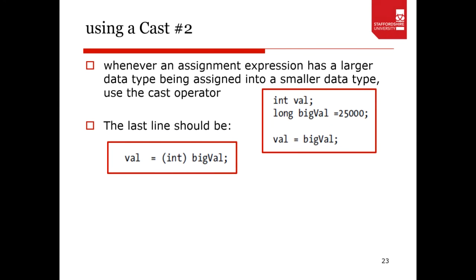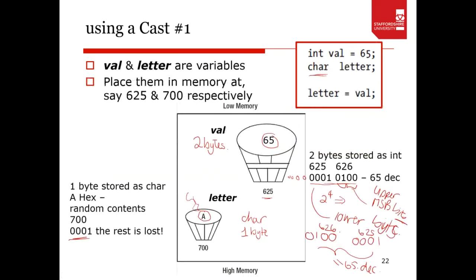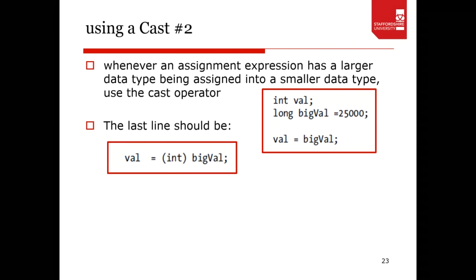So whenever an assignment expression has a larger data type being assigned into a smaller data type, you need to avoid having this erroneous value. What we need to do is to use a cast operator. So we say an int, which is 2 bytes, and a long, which is 4 bytes.